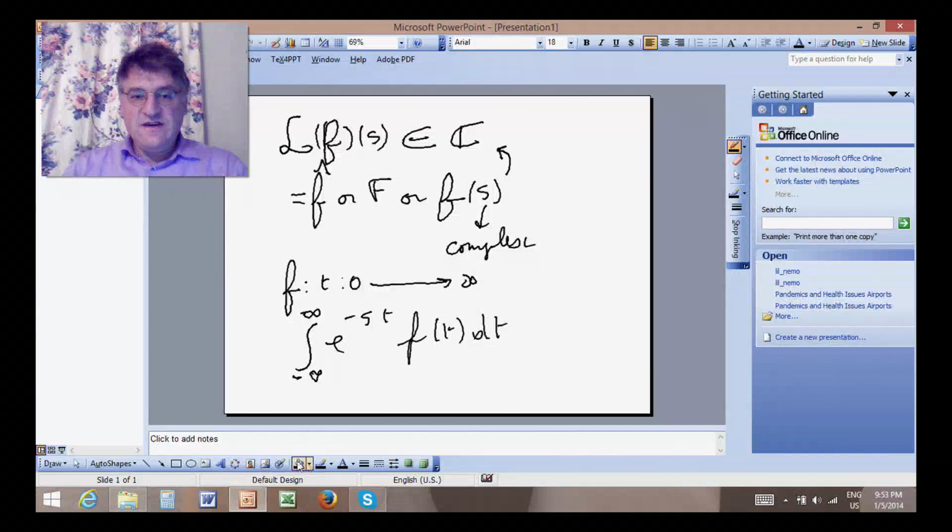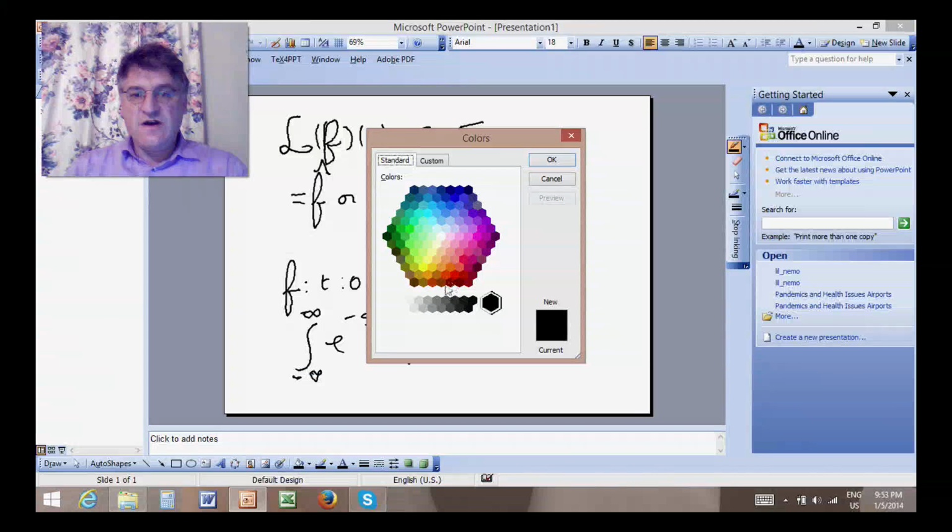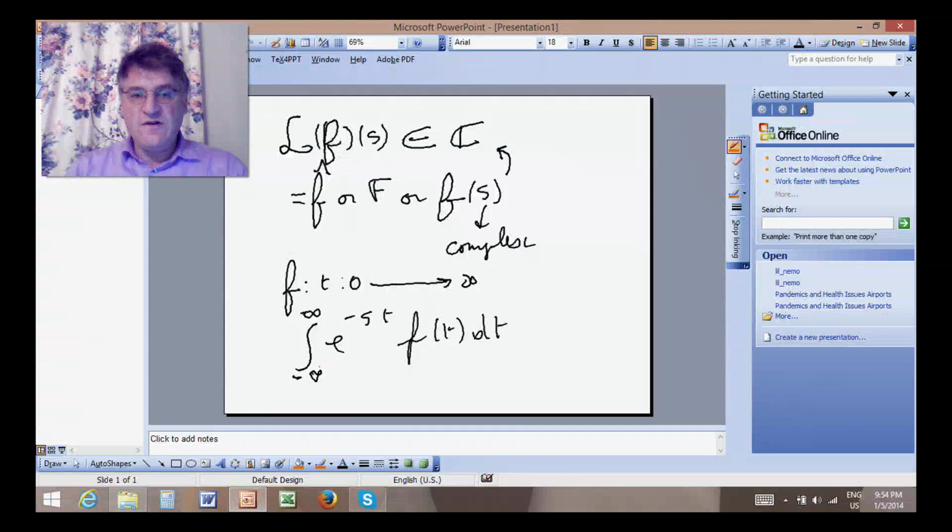And it makes complete sense to then change the bounds of the integral by replacing this guy by 0. And so we obtain the integral from 0 to infinity of e to the minus st f of t dt.